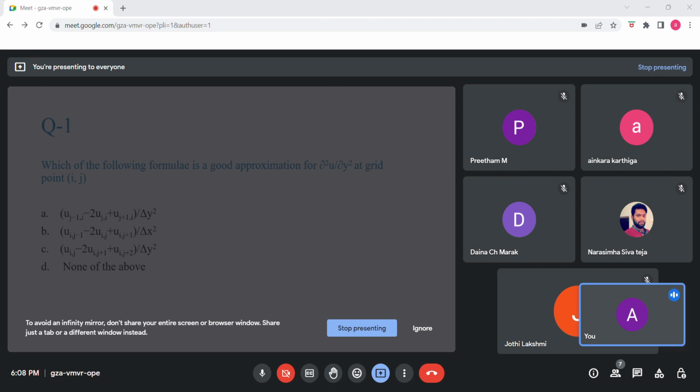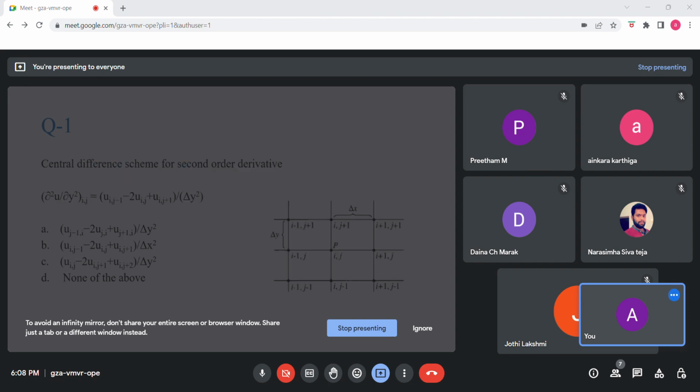We'll see which of the following options are applicable for this context. So normally, in a discretized form, to get the value at (i, j), we use all the neighboring points.